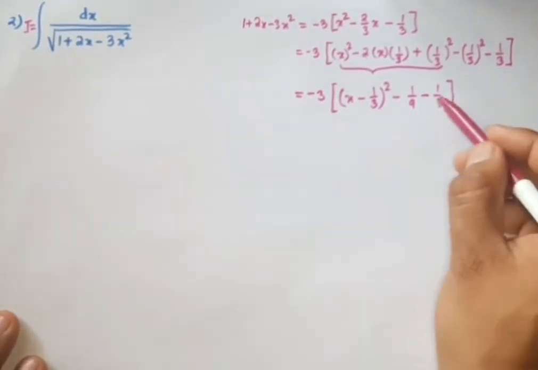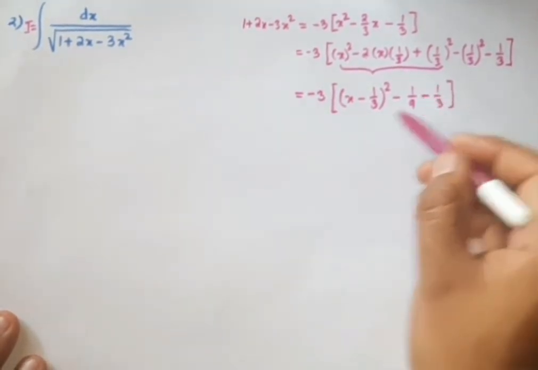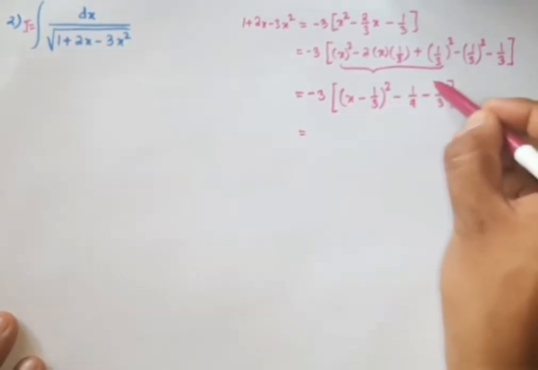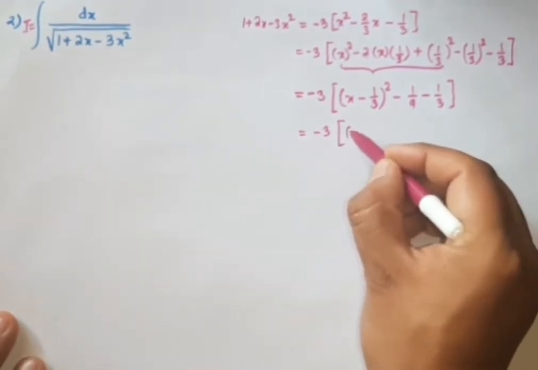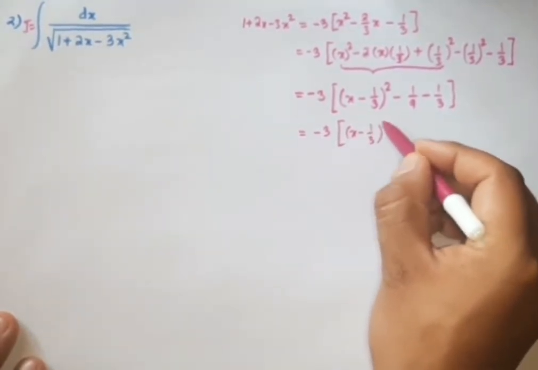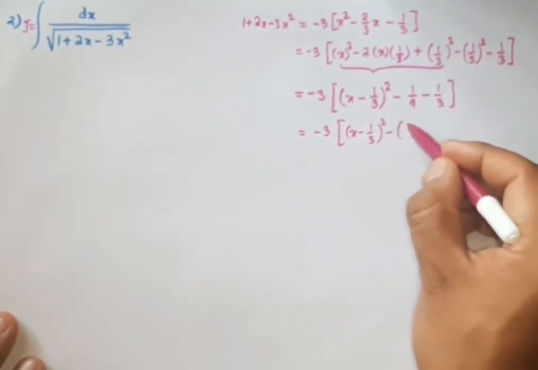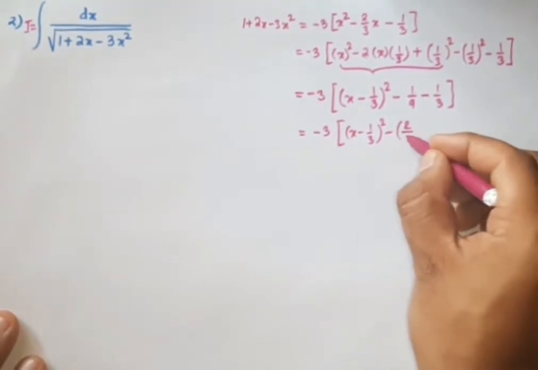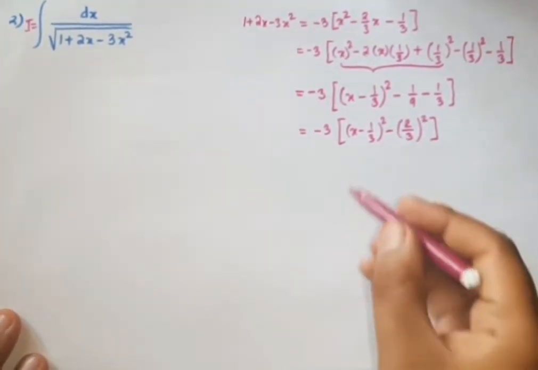Now when you simplify this you will get -4 by 9. You can simplify this by yourself. So we have -3 times x minus 1 by 3 whole square minus, as I said, 4 by 9, which can be written as 2 by 3 whole square, right?